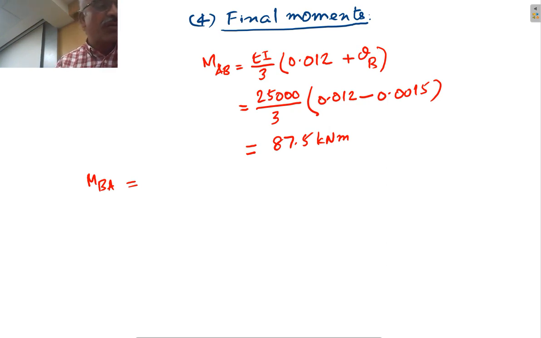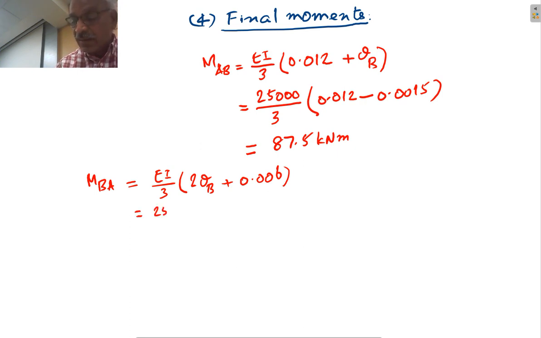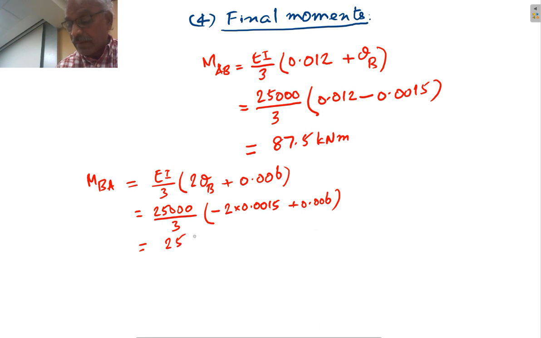MBA equal to EI by 3 into 2 theta B plus 0.006, again EI is 25,000 by 3 into 2 into theta B, which is minus 0.0015, plus 0.006. So this on simplification will give you 25 kilonewton meter.